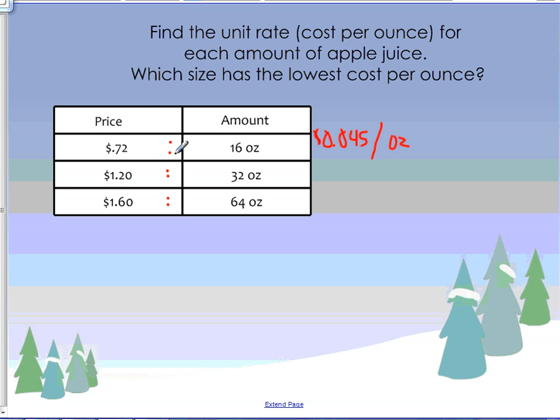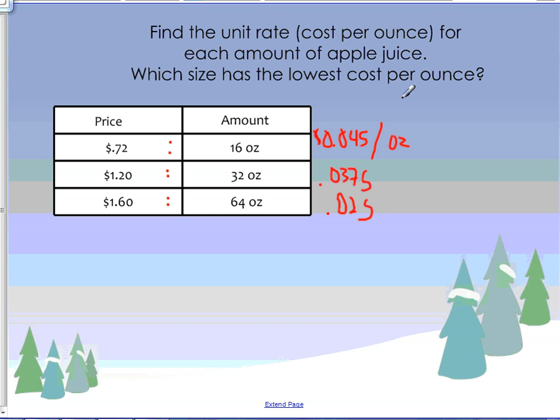All right, now we can do our second one where we have 1.20 divided by 32. And we're going to get 0.0375 per ounce. And our last one, we can do 1.6 divided by 64, and that's going to get us 0.025.